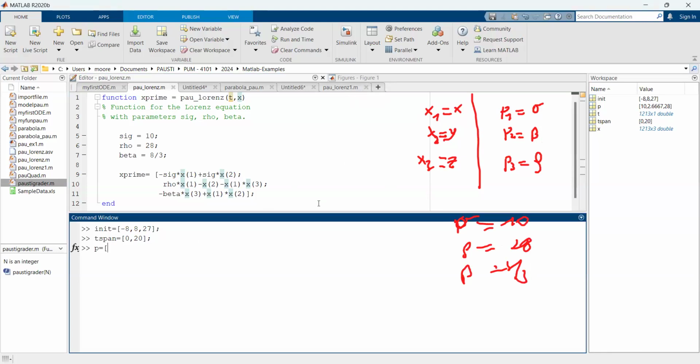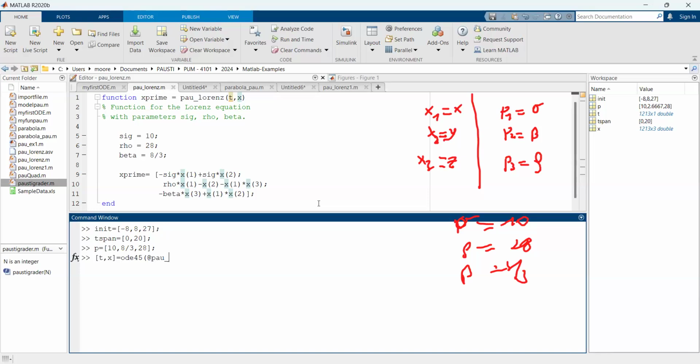So sigma is 10, and then beta comes next, so beta is 8/3, and then rho comes next, which is 28. These are the parameters. Then we can run again our model, which is ODE45.